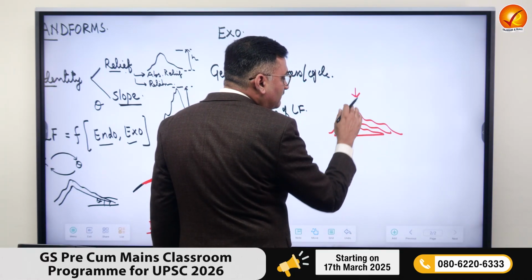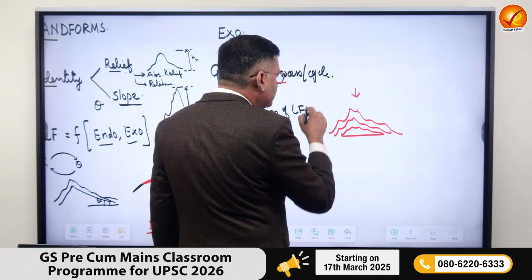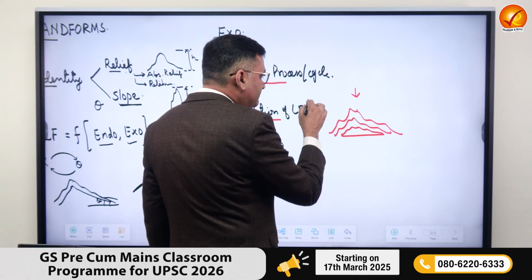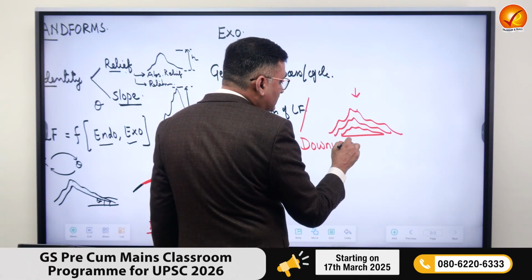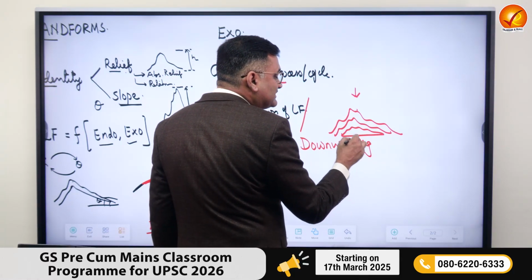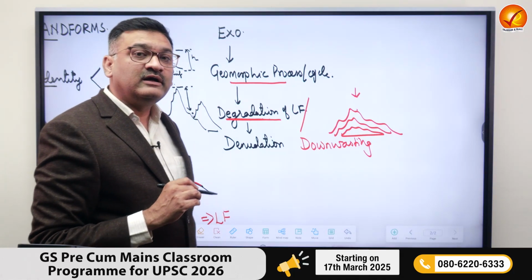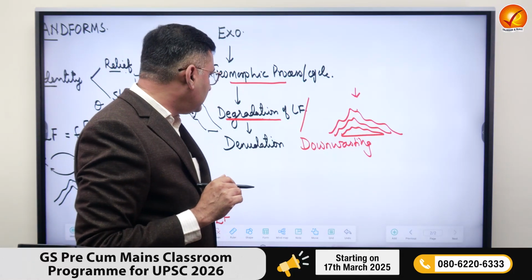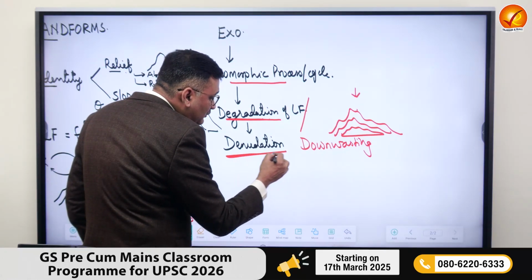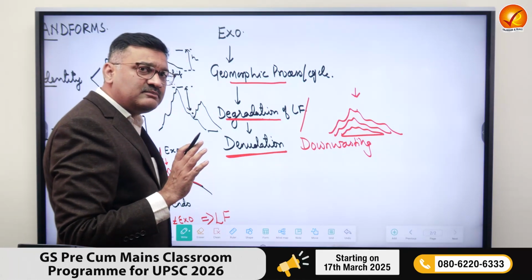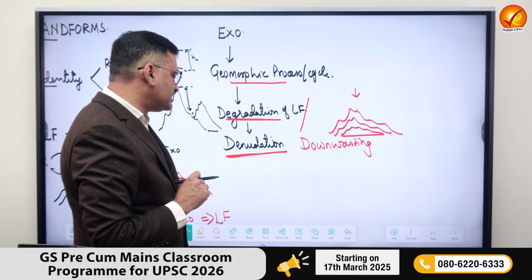The height of the mountain will decrease. This is known as degradation, or this will be simply referred to as downwasting. Downwasting means reduction in height of the landform, and the same process is known as denudation. So denudation is simply a technical word for degradation.